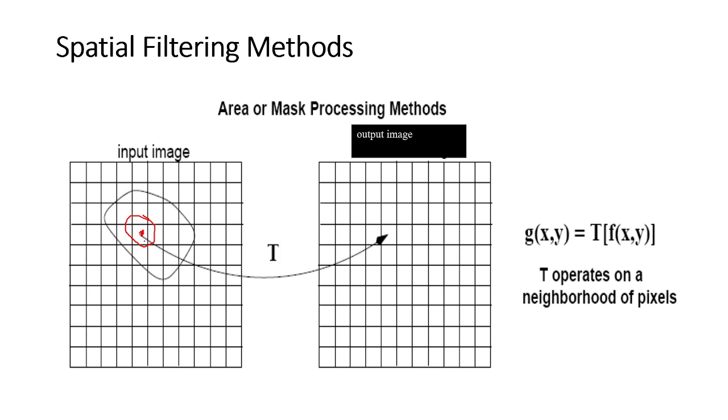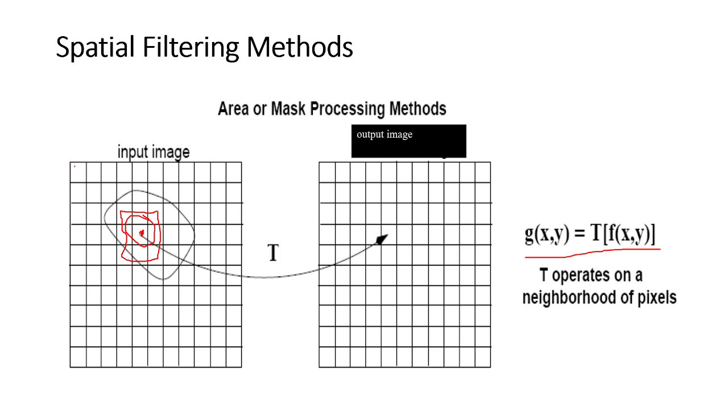and its corresponding function transfer T is applied to the neighborhood pixels. So T operates on the neighborhood pixels, about this neighborhood, in the sense these pixels, entire these pixels, and this pixel, and then its reassigned value comes into the output image.